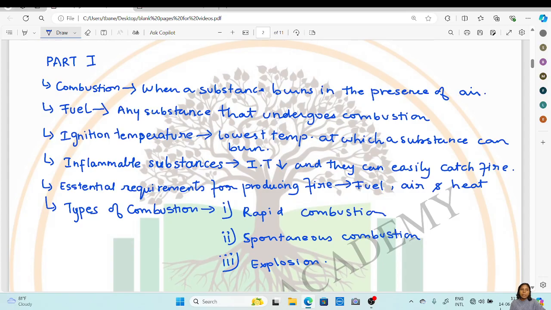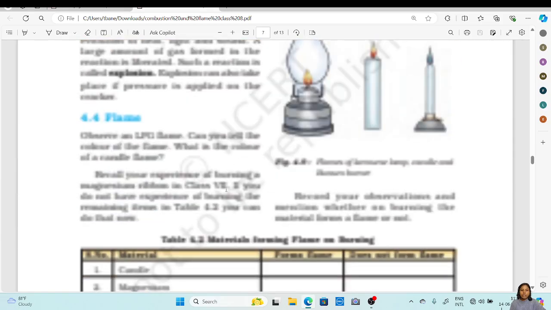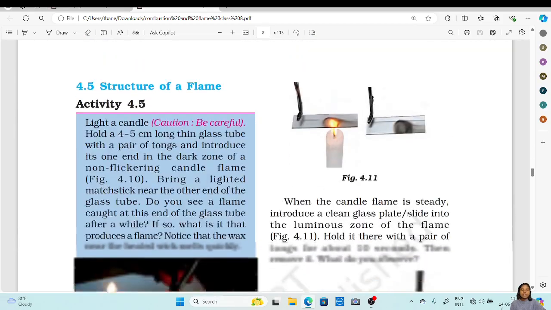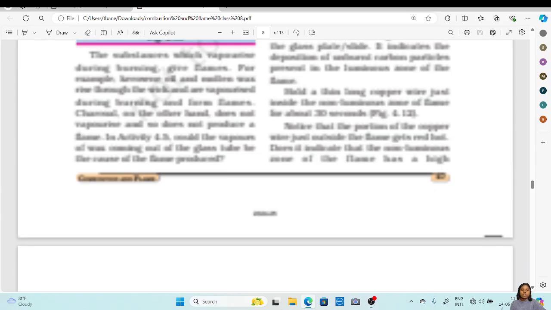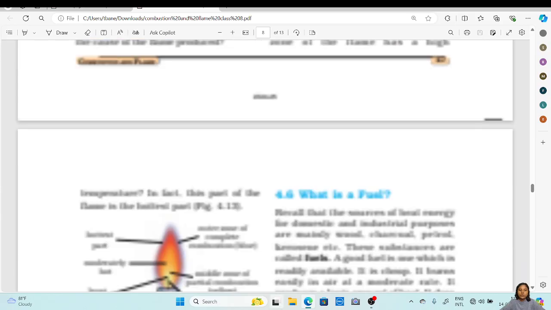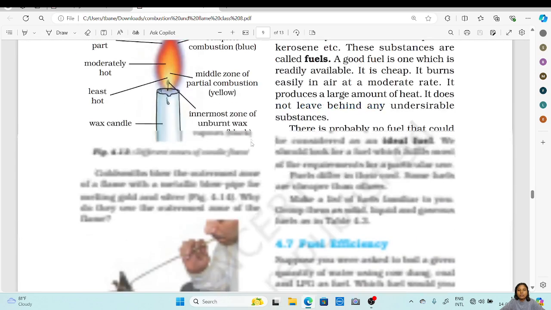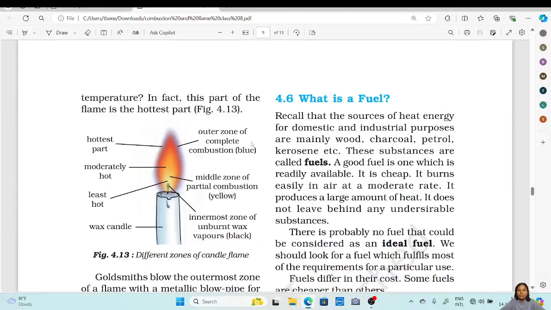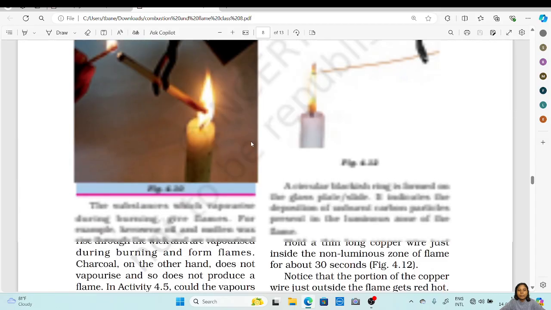This we learned in part 1 of this chapter. Now today we'll learn about flame, then the structure of flame, and further fuel efficiency. Now when we talk about flame, what do we understand by the term flame?